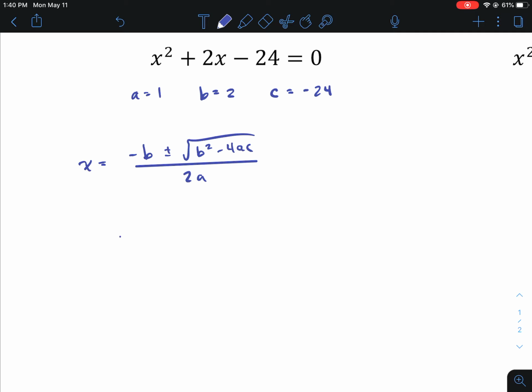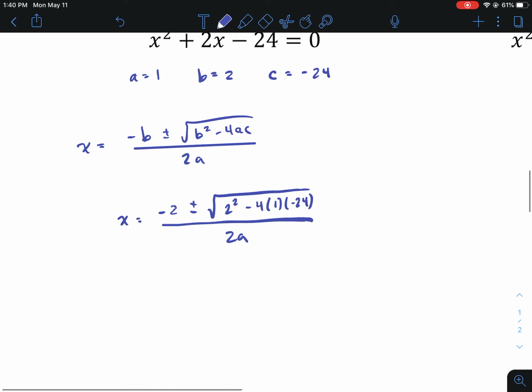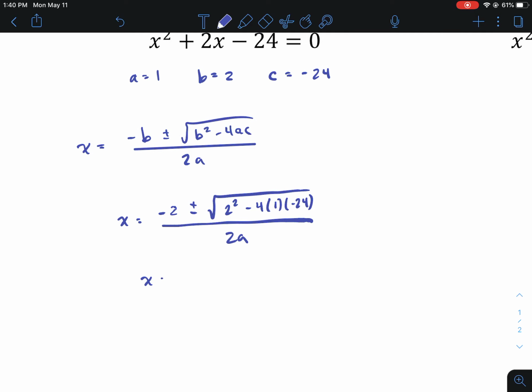This is going to give us negative 2 plus or minus the square root of b squared, so 2 squared minus 4 times 1 times negative 24, over 2a. So let's go ahead and simplify our discriminant.